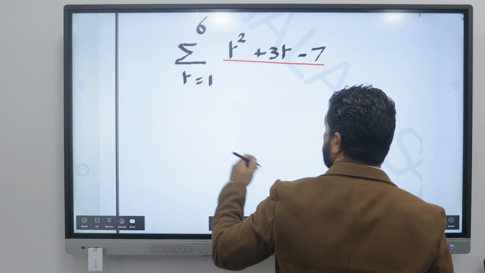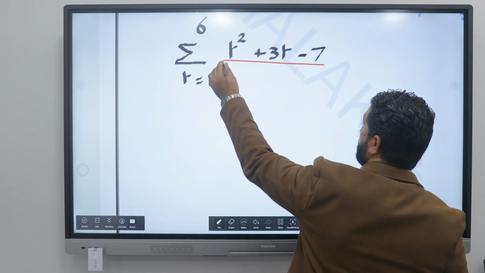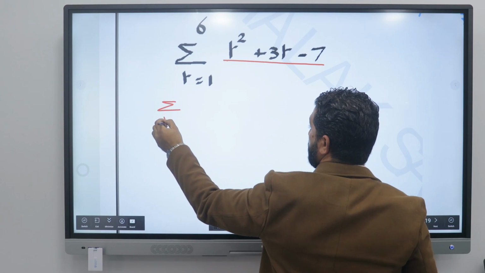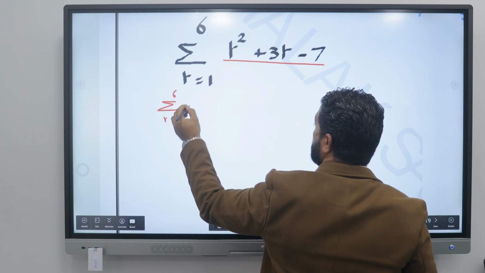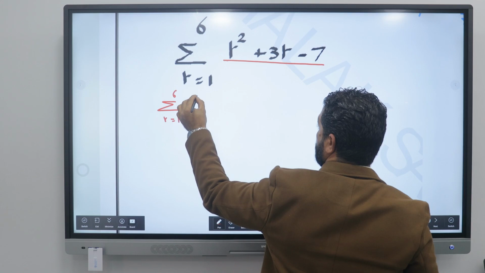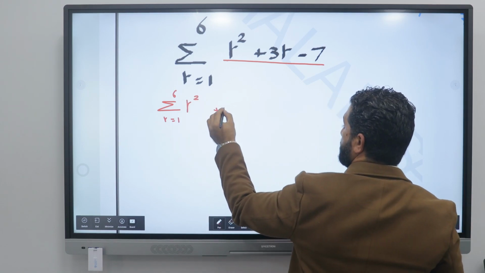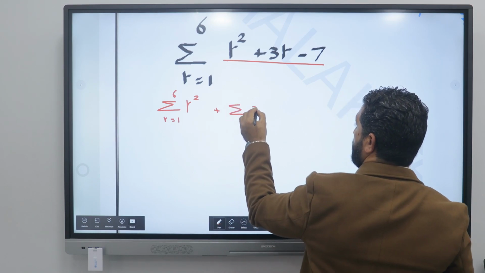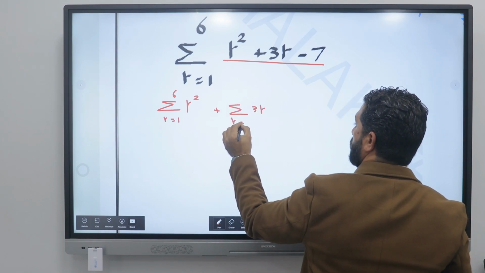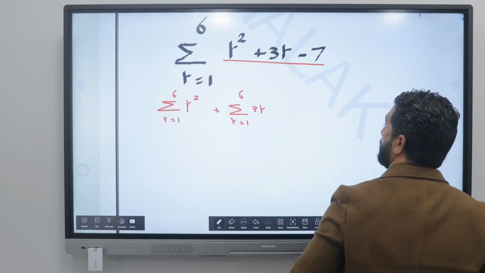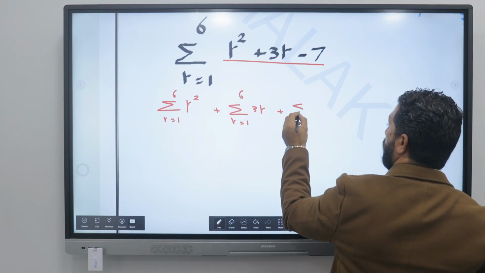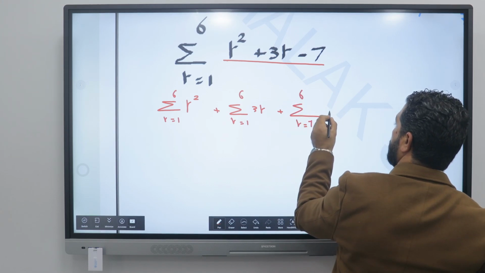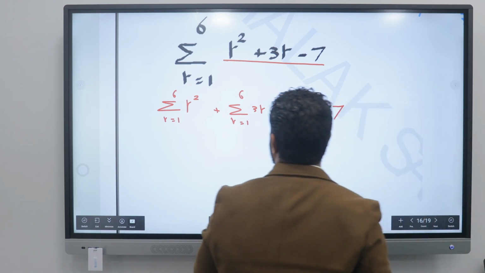So I'm going to split this expression into the sum of r to the power of 2 from 1 to 6, plus the sum of 3r from 1 to 6, plus the sum of this term here, negative 7, from 1 to 6.